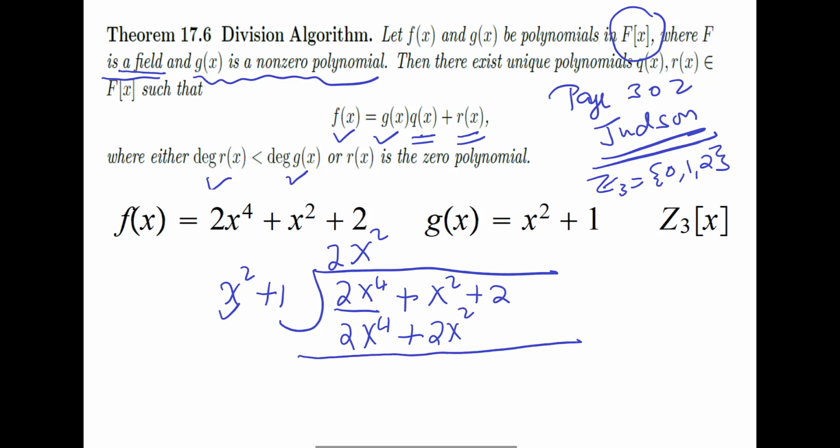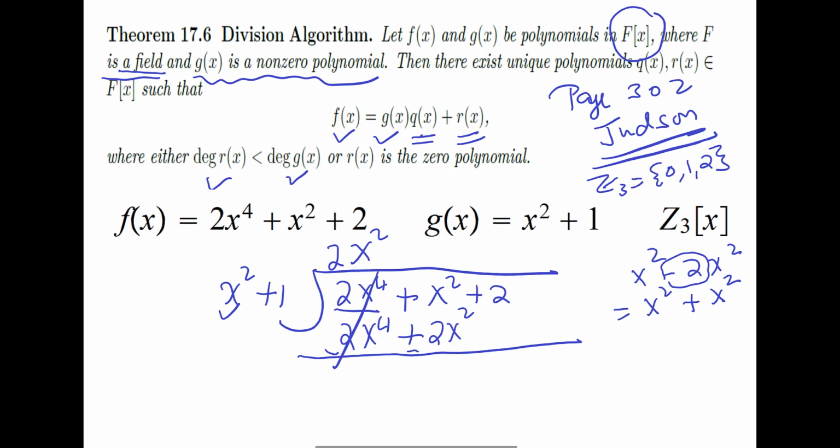So what we are going to get is, of course, these two will cancel. And here, when we take this x squared minus 2x squared, who is the inverse of 2? That's simply a 1, right? So this will become x squared plus x squared, because again, the additive inverse of 2 is 1.